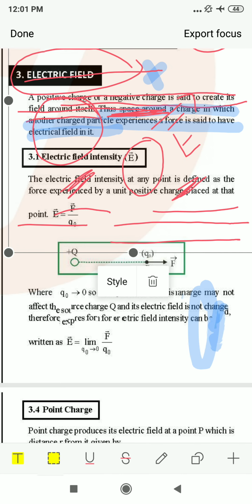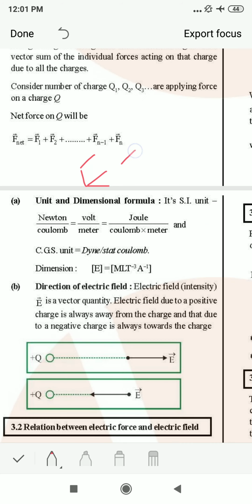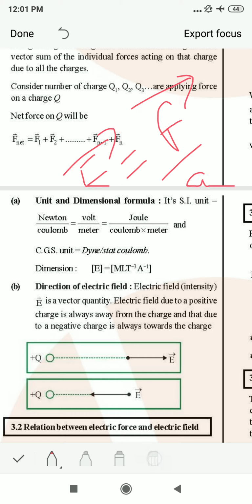The next is the SI unit. I told you the mathematical form for electric field intensity is E is equal to F upon Q, where E is the electric field intensity.